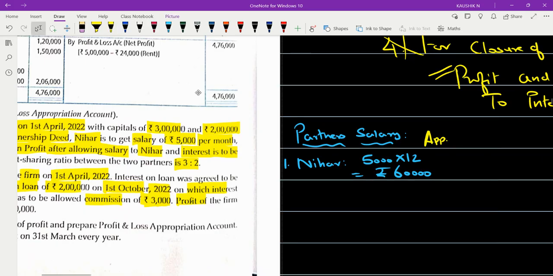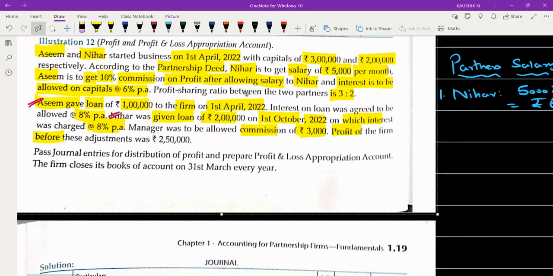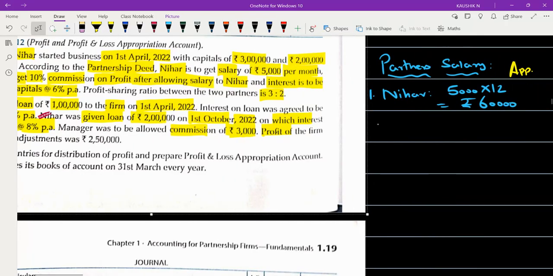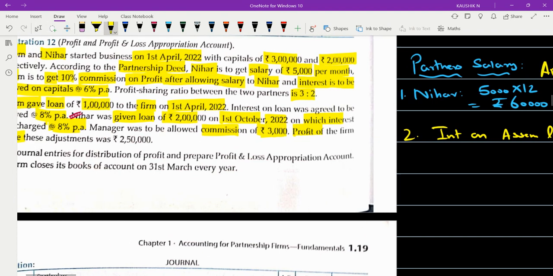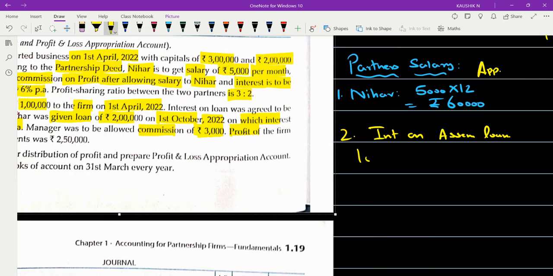There is something called interest on loan. There are two different loans. Calculate first interest on Asim's loan. So what is the loan value? Asim gave loan of rupees 1 lakh to the firm. So 1 lakh.